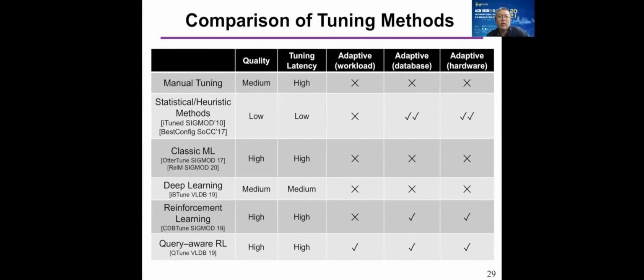So we can say that manual tuning usually has high tuning latency, and some heuristics can adapt to different databases, but they rely on some training data. And reinforcement learning can adapt to different databases and hardware. And deep learning, because it relies on training data, is not very easy to adapt to different scenarios.